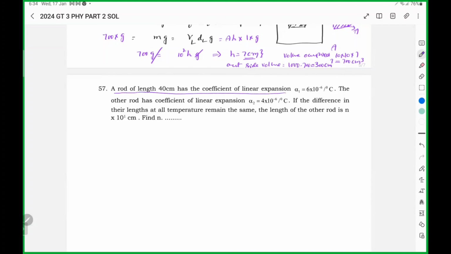A rod of length L1 has a coefficient of linear expansion alpha 1. The other rod has a coefficient of linear expansion alpha 2. The difference in their lengths at all temperatures is constant.